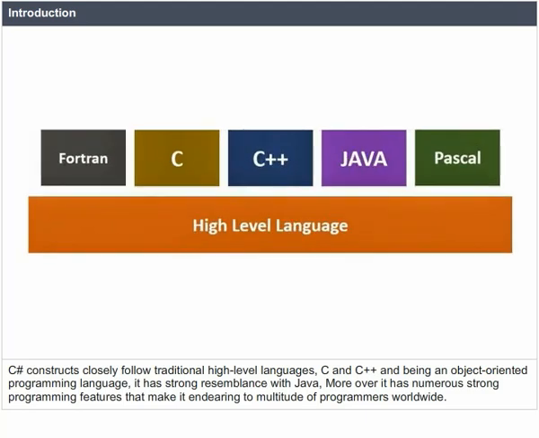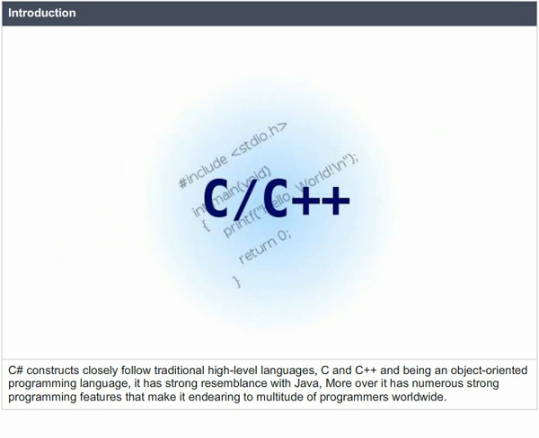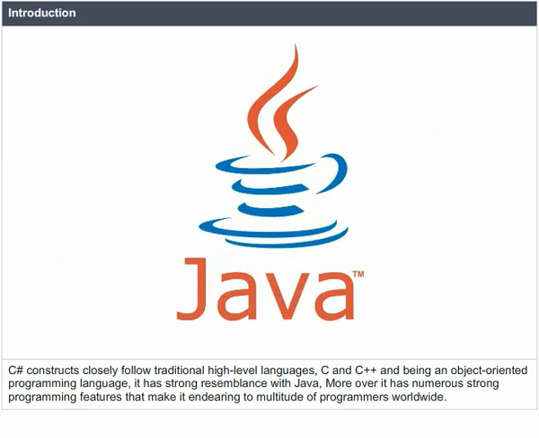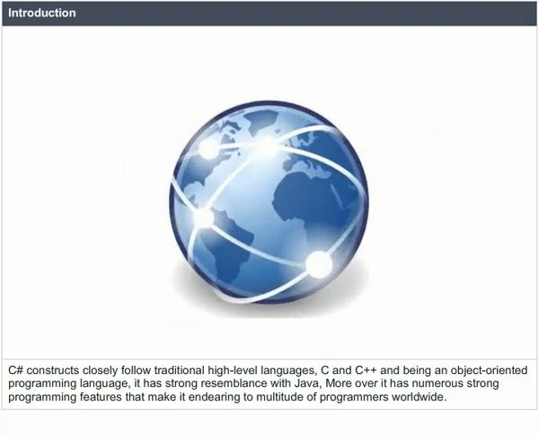C# constructs closely follow traditional high-level languages, C and C++, and being an object-oriented programming language, it has a strong resemblance to Java. Moreover, it has numerous strong programming features that make it endearing to a multitude of programmers worldwide.